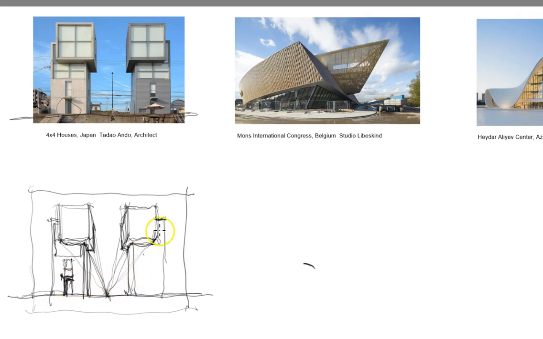Same over here. I have this opening, which appears to be a window. And then the slot down below. They basically mirror each other.